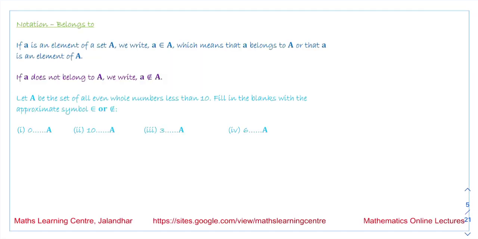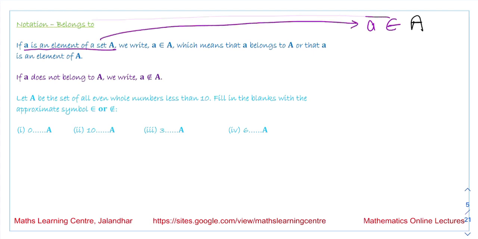Next we have the notation of belongs to. If any set A is there, it may be of numbers, it may be of people, it is a well defined collection of objects. And if we consider any element from this set A, then we write a belongs to A. What this means is that a is an element of the set A. This notation is for belongs to.